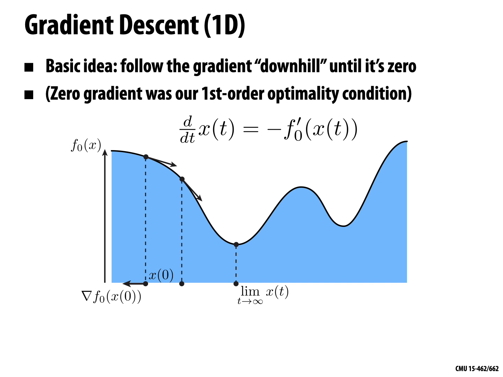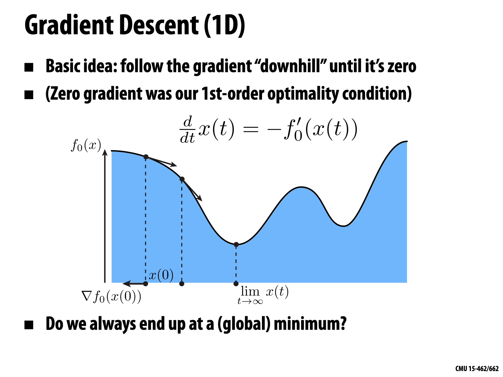And as I keep following the gradient, eventually I reach a point that's a local minimum, where the gradient goes to 0. In this case, we did really well. We found the absolute smallest value of the function. Do we always end up at a global minimum? No. We could have started on the right side of this graph and ended up in that other local minimum on the right side.